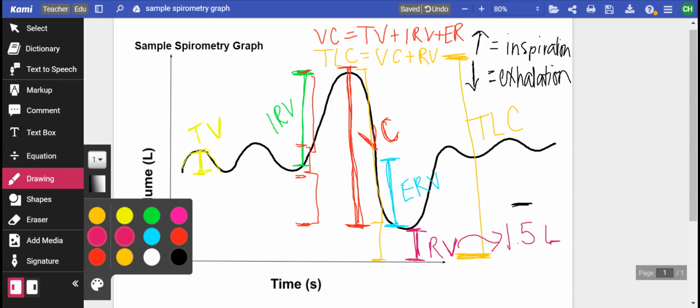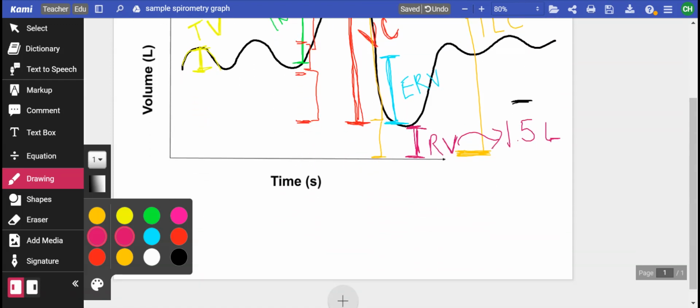Okay, so one final thing that I wanted to talk about was this thing called the minute volume. It totally makes sense to me, but it's always worth going over. So each time you breathe, we have the tidal volume, right? The TV, it's this region up here. And let's say, for example, that your tidal volume was measured at 0.5 liters. That's like an estimate for what's quote unquote normal. I want to know how much air is going in and out of the lungs over the course of a minute.